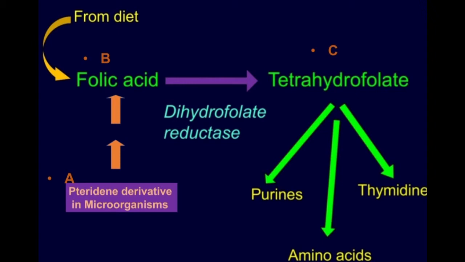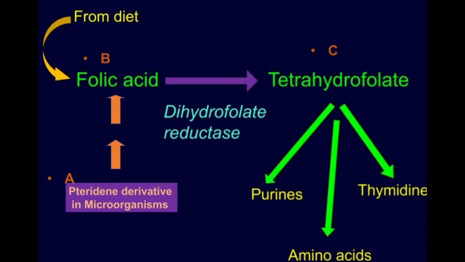dihydrofolate reductase. This enzyme converts folic acid, a vitamin that we get from the diet, to tetrahydrofolate, the active form of folic acid. Tetrahydrofolate, in turn, is needed for the synthesis of adenine, guanine, and thymidine nucleotides.